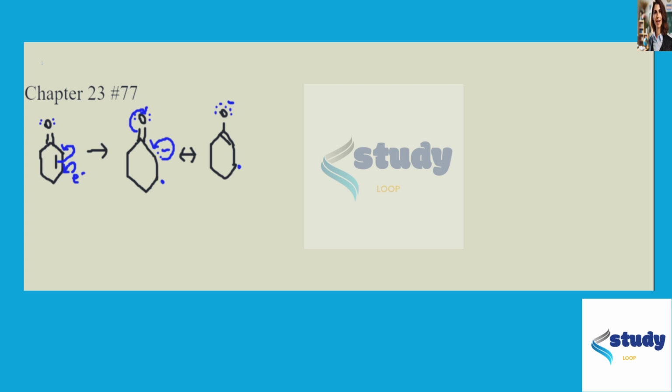So the next thing that will happen is another solvated electron will come and add here as well. And so now we will have a lone pair down there.